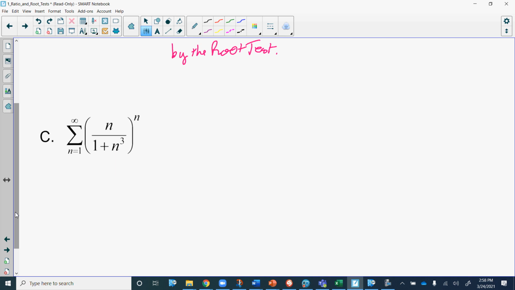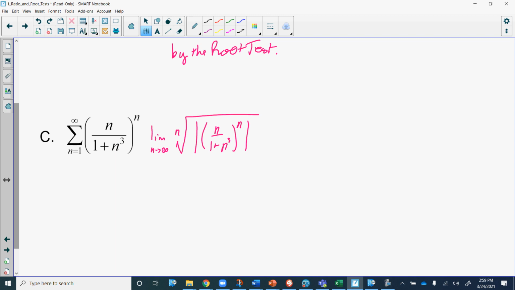Clearly, we have the entire expression raised to the power of n, so this is a very clear candidate for wanting to do the root test. So here, we'll say the limit as n approaches infinity of the nth root of the absolute value of n over 1 plus n cubed, raised to the n power.